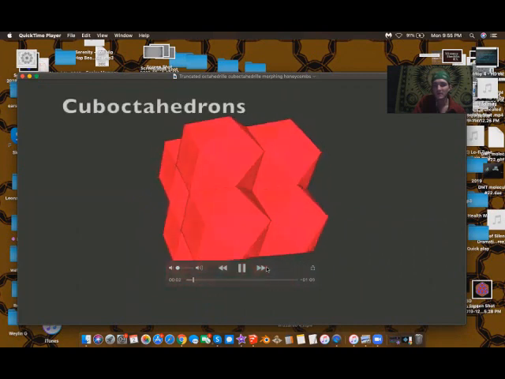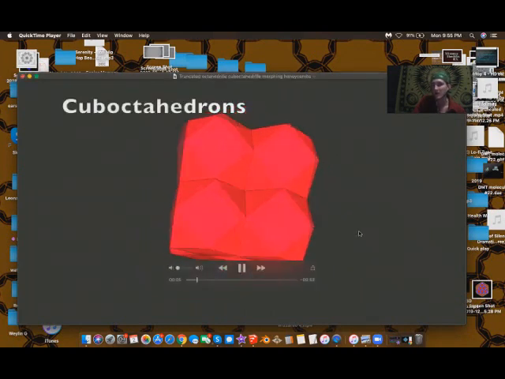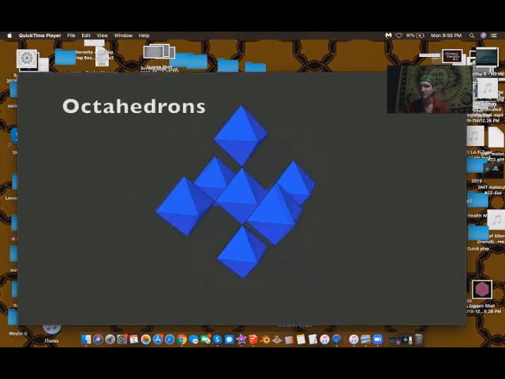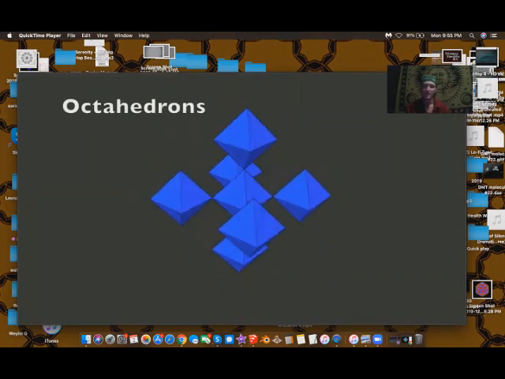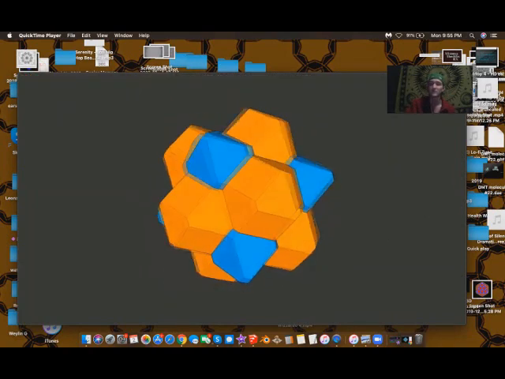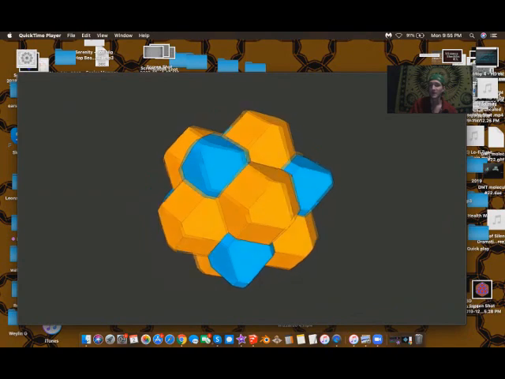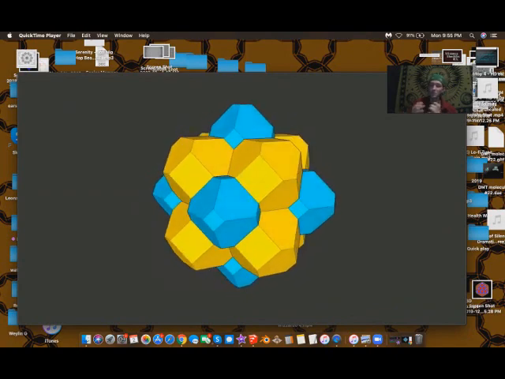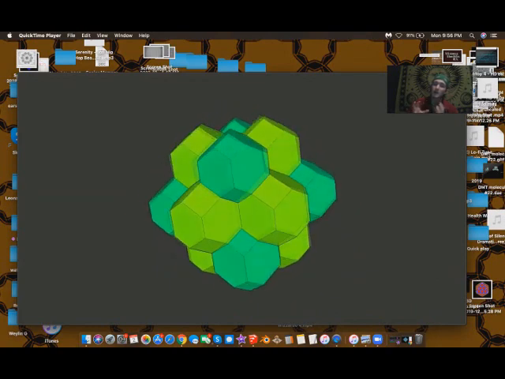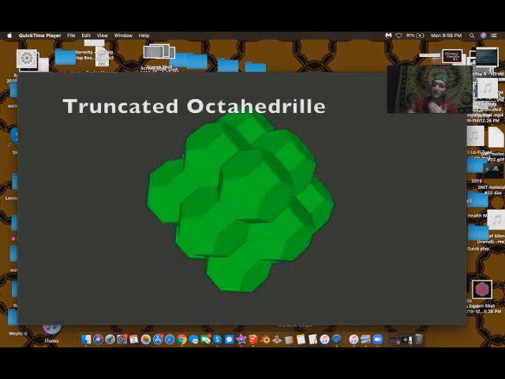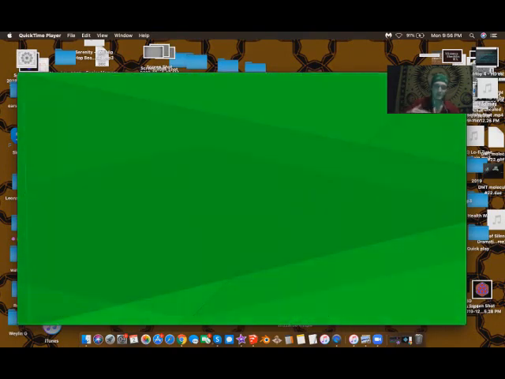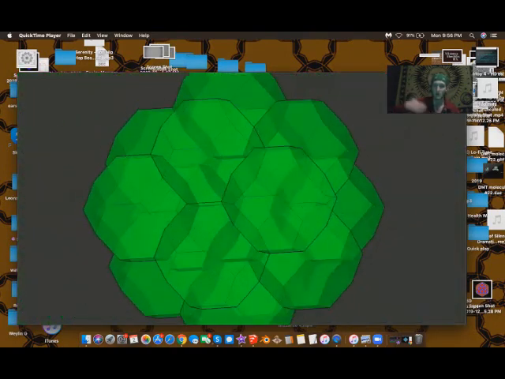This one is made out of cuboctahedrons and octahedrons, and then it begins to morph through the same pattern, which I've colored from red to blue. The reds are the rarefaction or the release of energy, and the blue is the building of energy when it's growing.